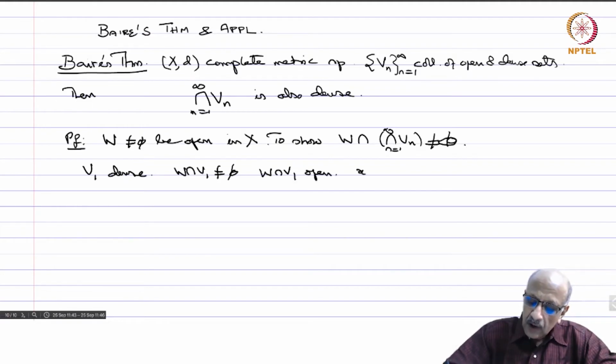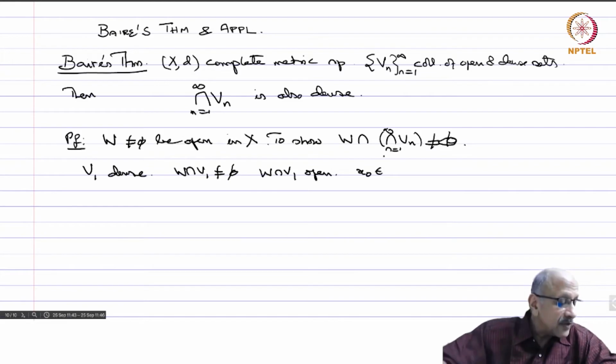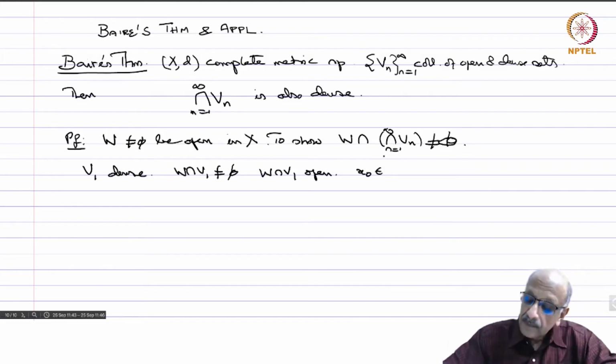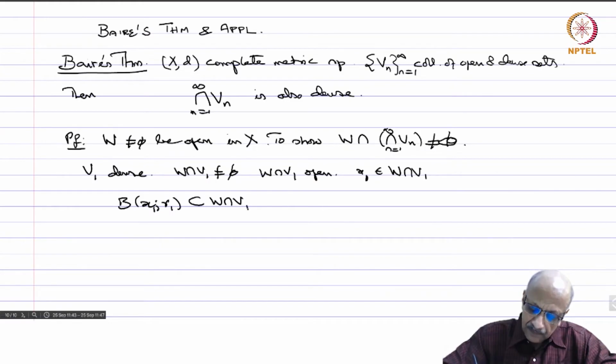So let us say x_1 belongs to W intersection V_1, we can find a ball with center x_1 and radius say r_1 contained in W intersection V_1.